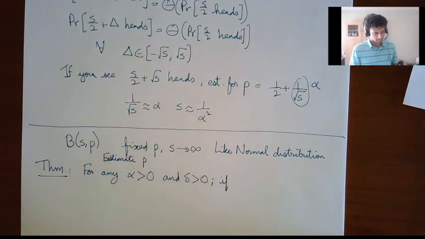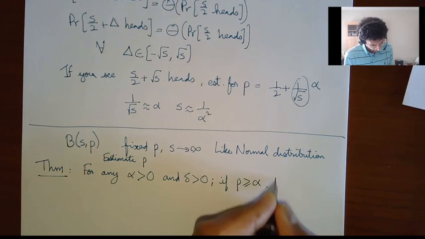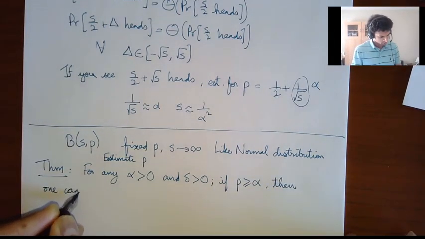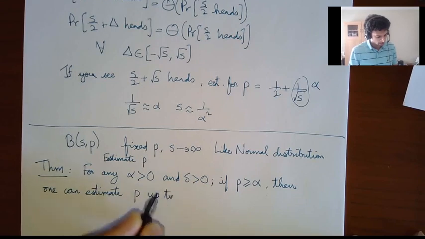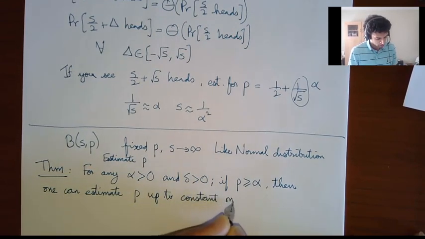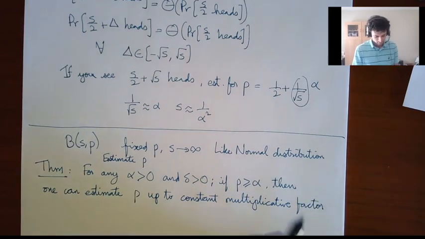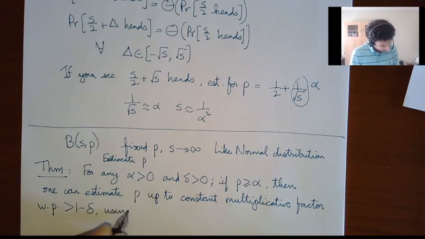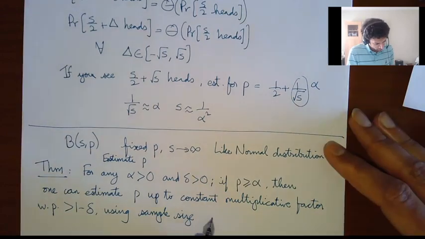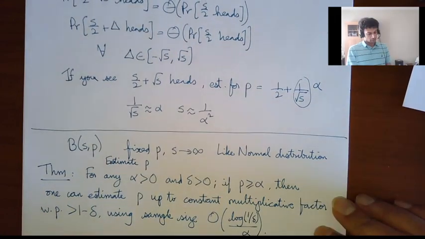I'll say if p was greater than alpha, then one can estimate p up to a constant multiplicative factor with probability at least 1 minus delta using a sample size which, ignoring the constants, is basically O of log 1 over delta divided by alpha. No quadratic dependence here. Now this is a linear dependence.